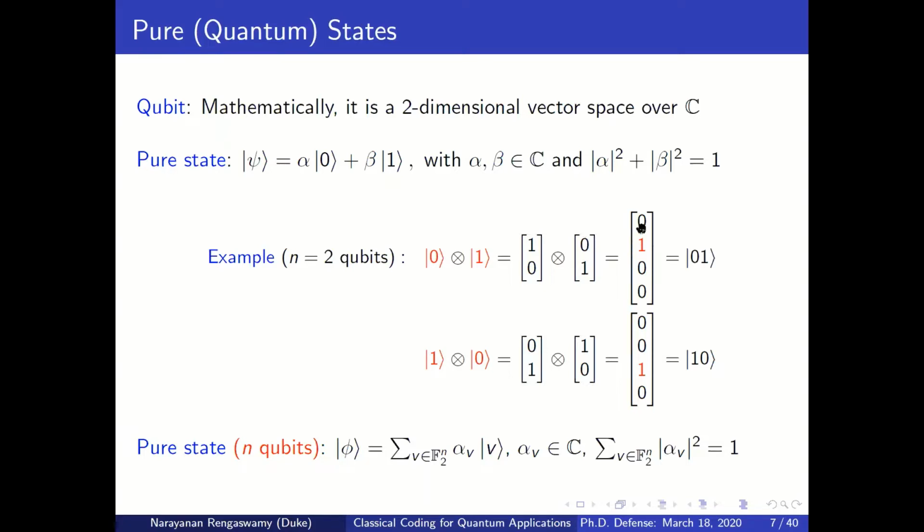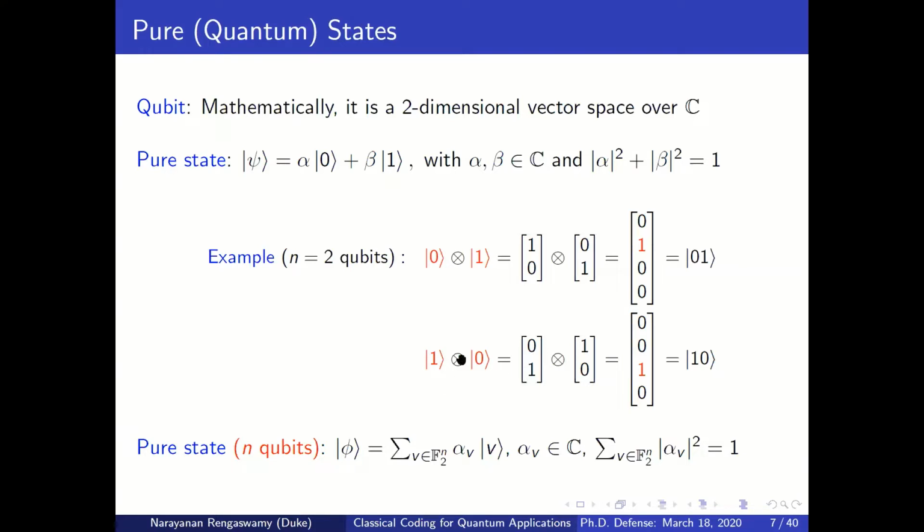And so that's why you get 0, 1 here. And then 0 times 0, 1 is 0, 0. What you see here is that it's a length 4 vector, so you can index the entries by 00, 01, 10, and 11. And this label 01, which is the same here, tells you where the 1 is present. So these are your basis vectors when you have 2 qubits.